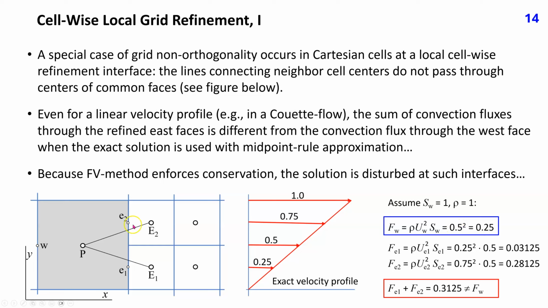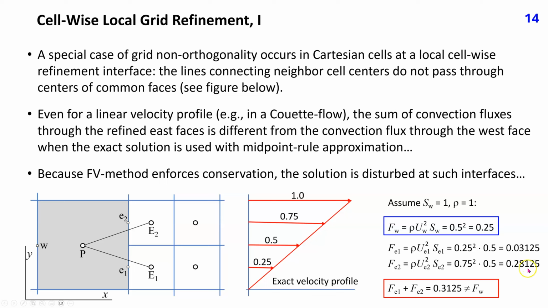On the east side, we have two faces, E1 and E2, and the fluxes through them are Fe1 equal rho uE1 squared SE1 equal 0.25 squared times 0.5, the area, equal 0.03125, and Fe2 equal rho uE2 squared SE2 equal 0.75 squared times 0.5, the face area, equal 0.28125.